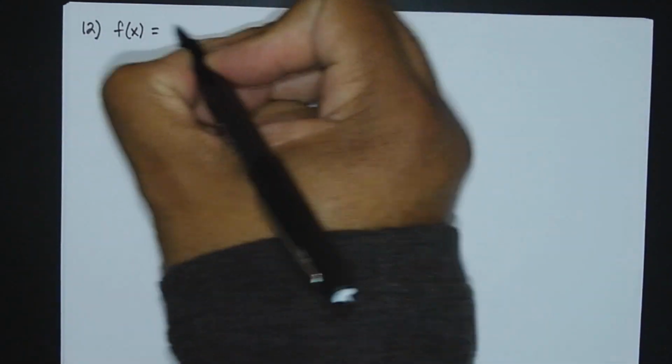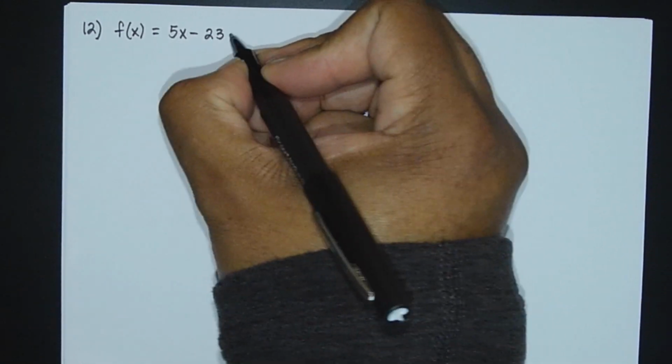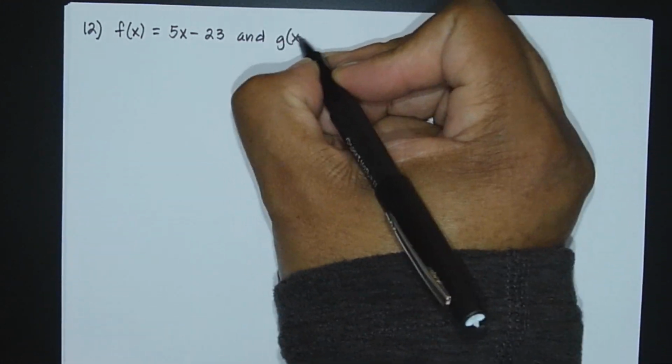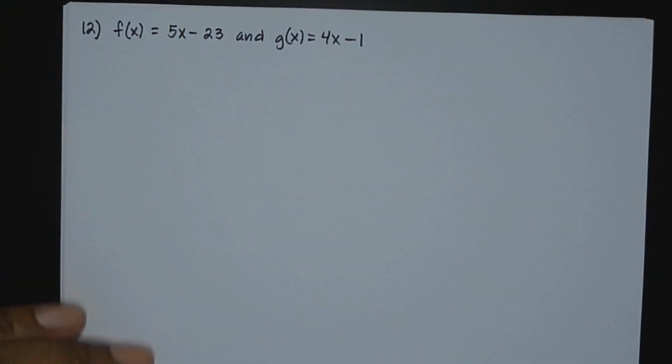All right, number 12. This one's the composition of two functions. So here we have f of x equal to 5x minus 23, and g of x equal to 4x minus 1.